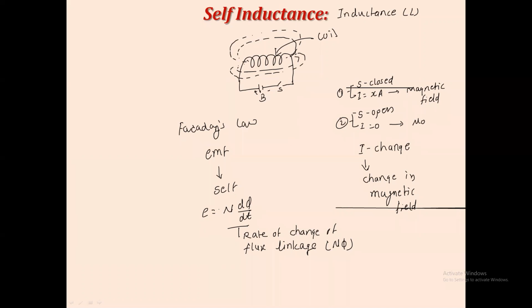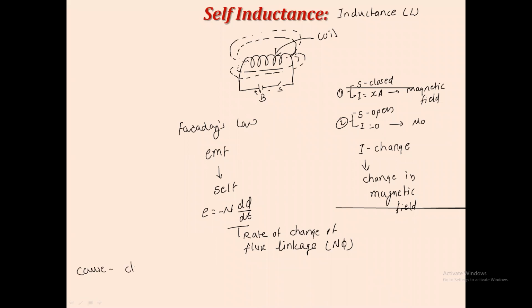But according to Lenz's law, this induced EMF is always opposed to the cause producing it. म्हणजे आता ज्या या कॉइल मध्ये जो EMF इंड्यूस होईल फॅराडेज लॉज नुसार, so this induced EMF always opposes the cause producing it, and the cause is what?